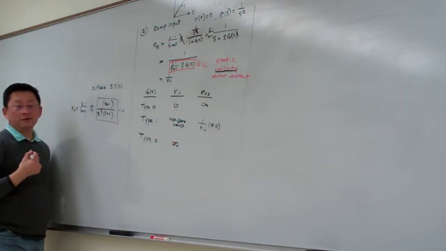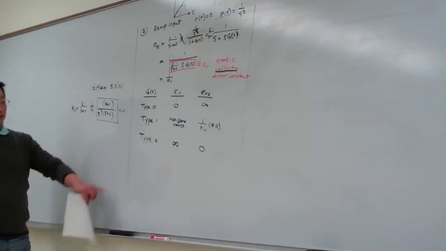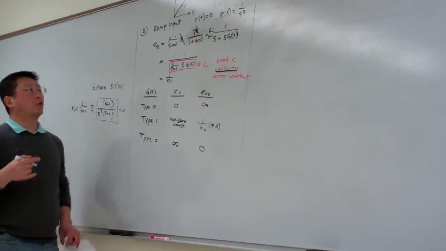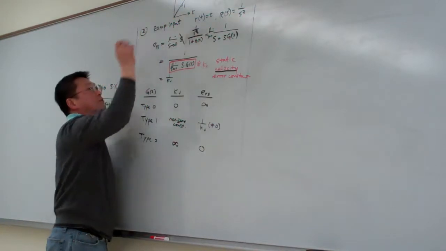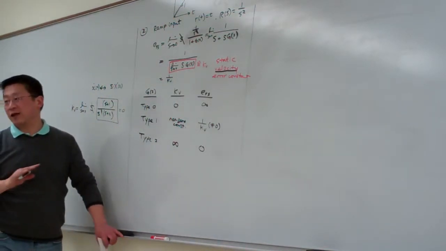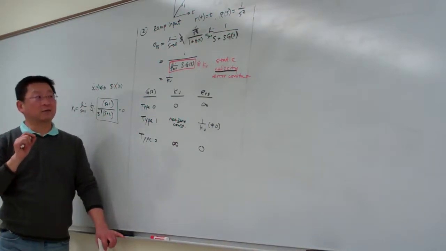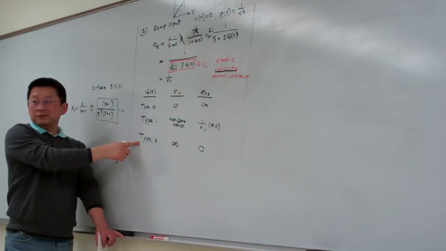So with Kv infinity, E_ss is 0. A type 2 system is fast enough that it will be able to precisely follow this command without any error. The system will exactly follow whatever you give it. So this is a very fast system.